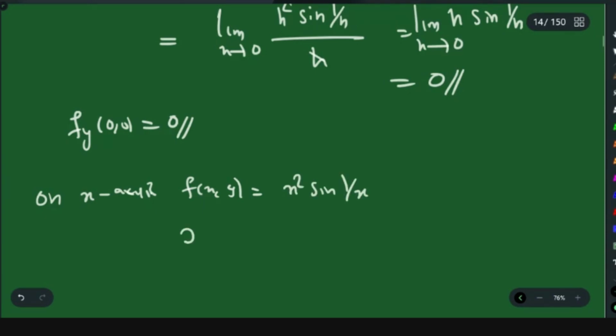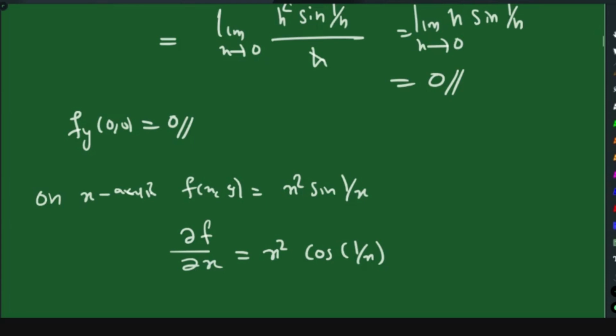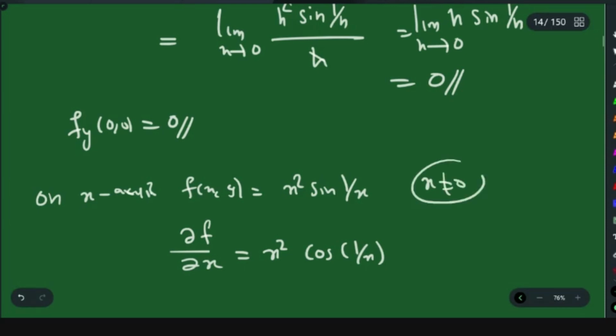So what is your ∂f/∂x there? You just take the derivative of this one. The only trouble is at x equal to 0, so I am not looking at the case x equal to 0. I am talking about x not equal to 0.